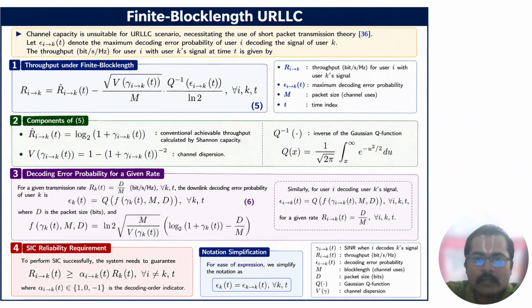Minimizing errors means reducing interference and increasing signal strength, so automatically throughput is a function of the signal to interference noise ratio, SINR.